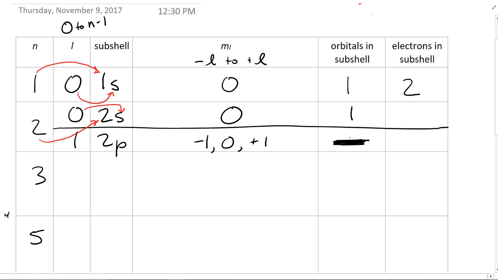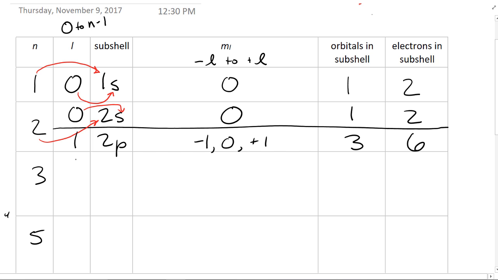Orbitals in the subshell here would be 3, and it's 3 because we have 3 different values of M sub L, which means there are 3 different orientations possible. Number of electrons, 2 and 6. It's 6 because each orbital will hold up to 2 electrons. So 3 times 2 gives us 6.